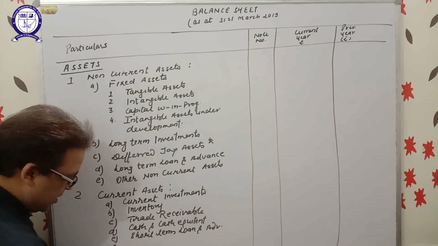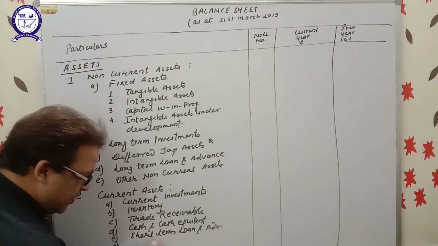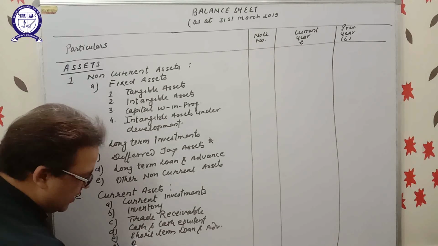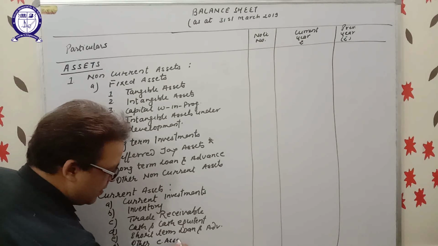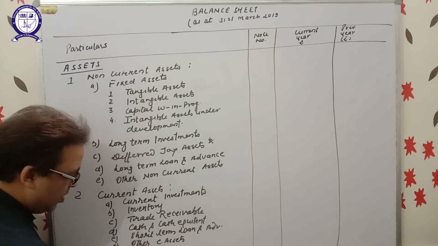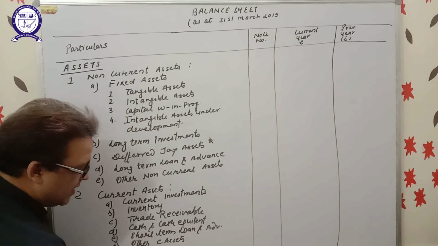And the last but not the least, other current assets. And then total of the asset side.